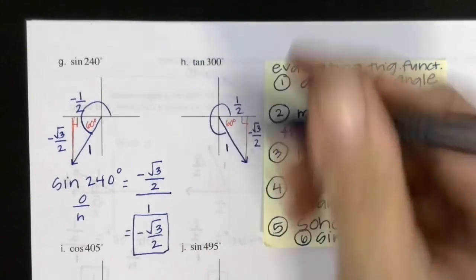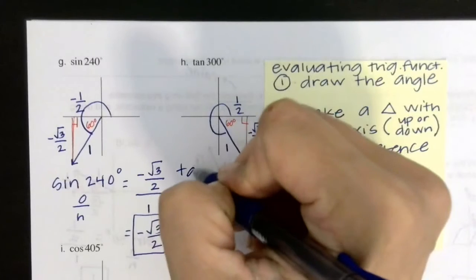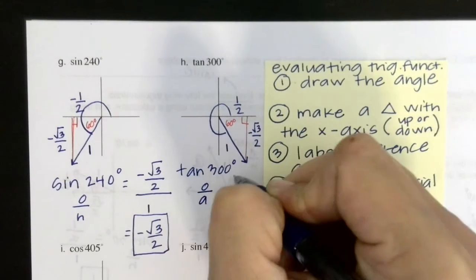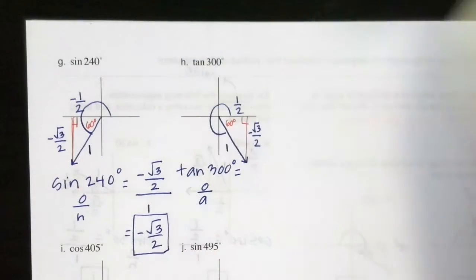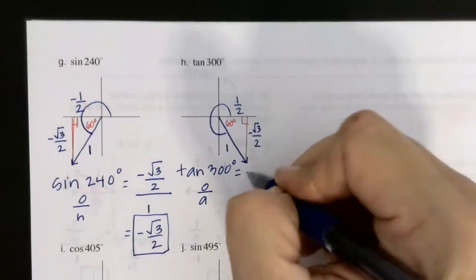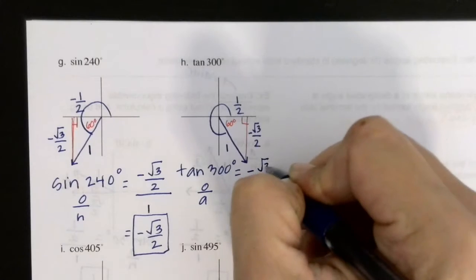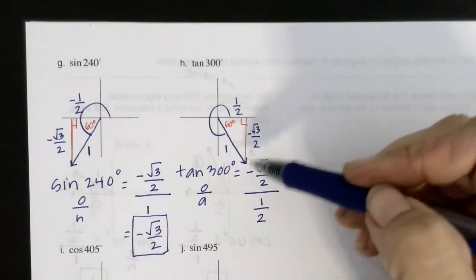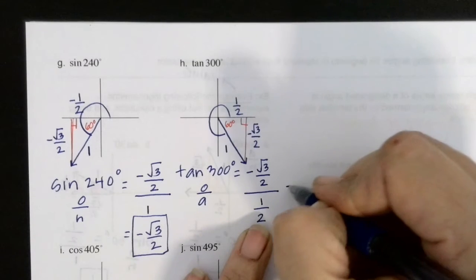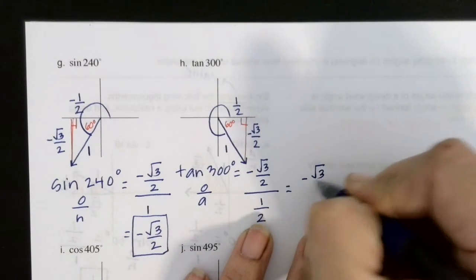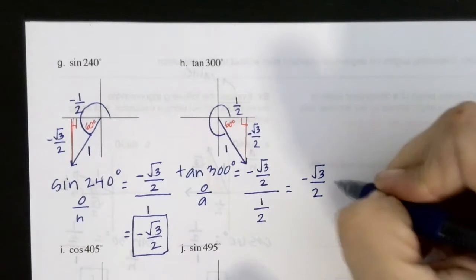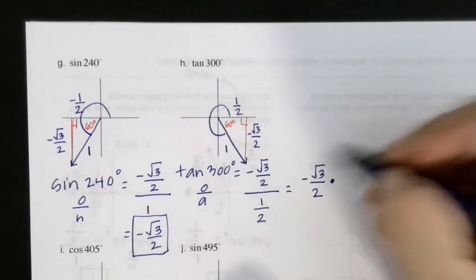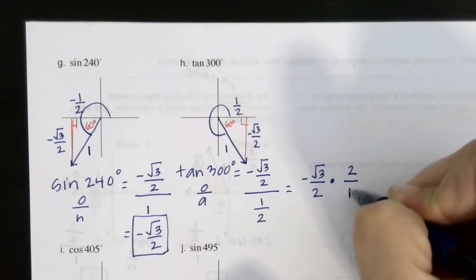Ooh, this one's going to get a little bit fun. Tangent of 300 degrees is opposite over adjacent. So I'm going to move my sticker out of the way here. Opposite is negative root 3 over 2 over adjacent, which is 1/2. So this is where we have a fraction and a fraction. You can only have one fraction bar in math, so the way we do this one is we copy the first one, we dot the fraction bar, and we flip the last one.